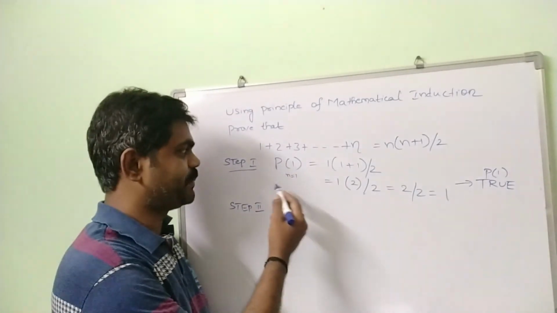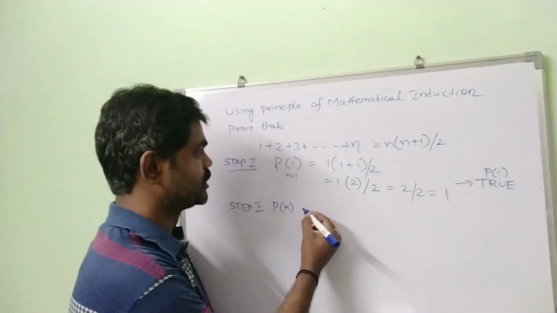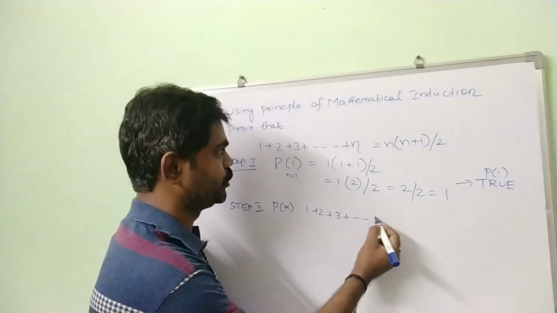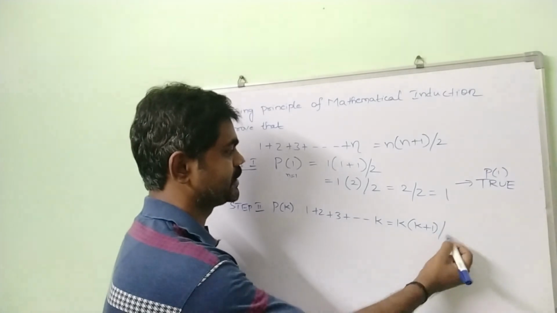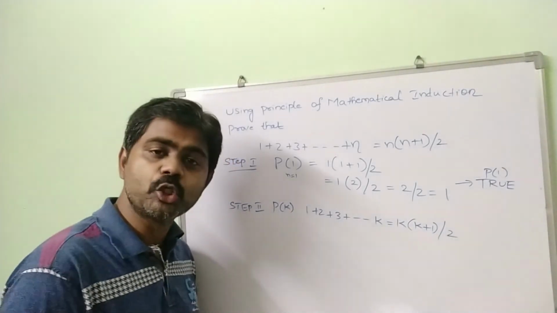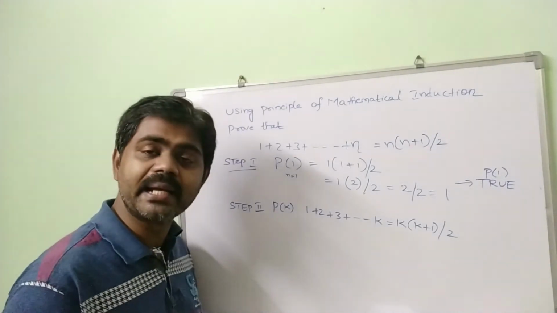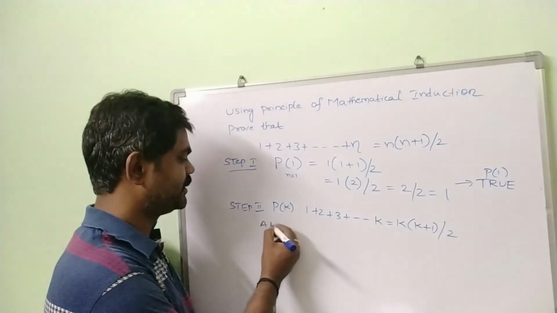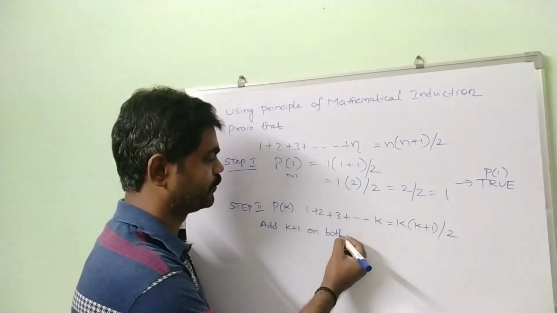So step 1 is P of 1 is true. Step 2 is we assume that the P of k is true. So 1 plus 2 plus 3 so on up to k equal to k into k plus 1 by 2. Now we should add k plus 1 on both sides.